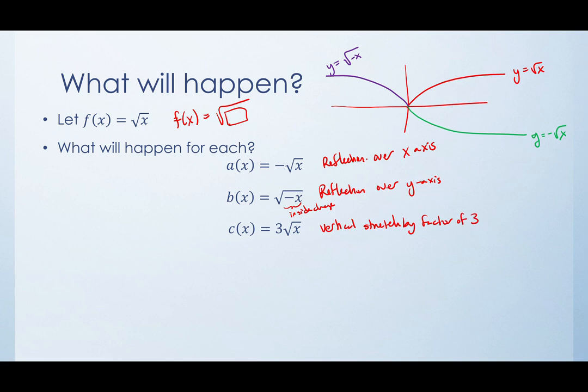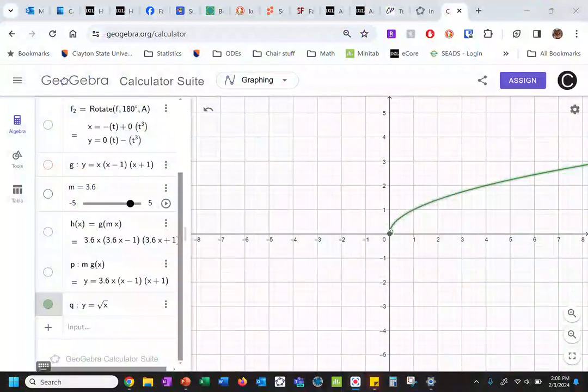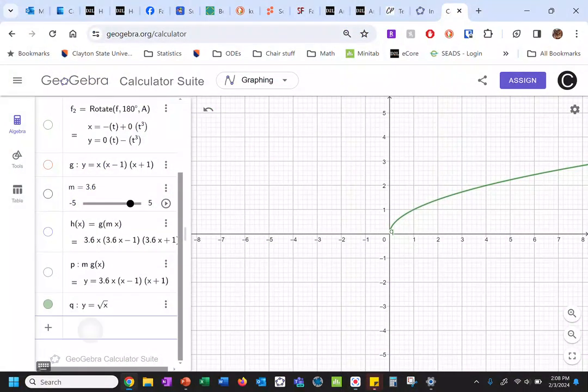So this is going to kind of make it look narrower. For this one, because I can't sketch real well, we're going to pull up GeoGebra and look at it. All right, so here we've got our function y equals square root of x, and we're going to do our other function. Our next one was 3 times the square root of x. And so you can see each one of our outputs is 3 times greater than what it was.